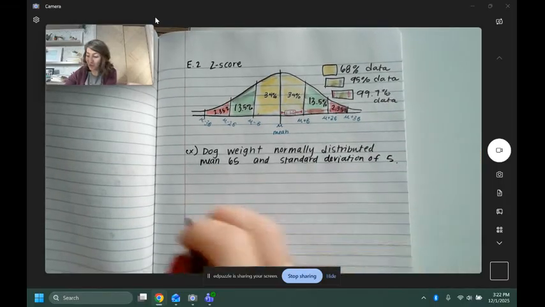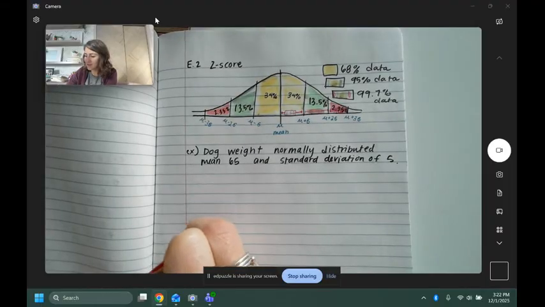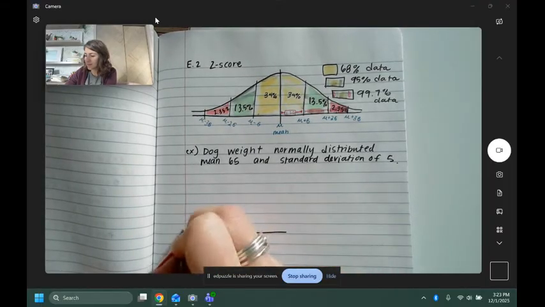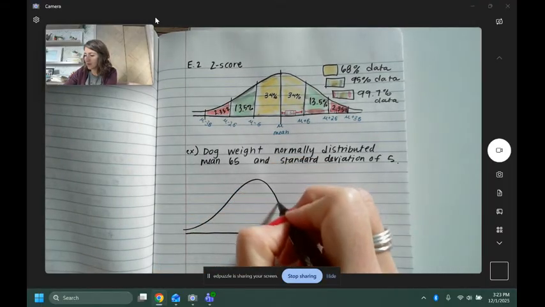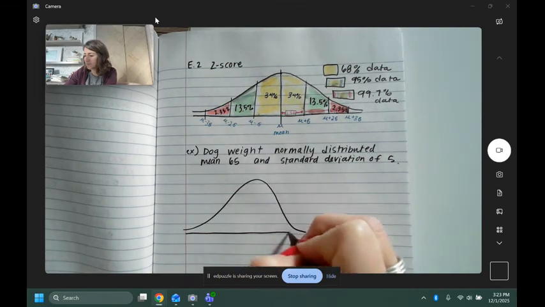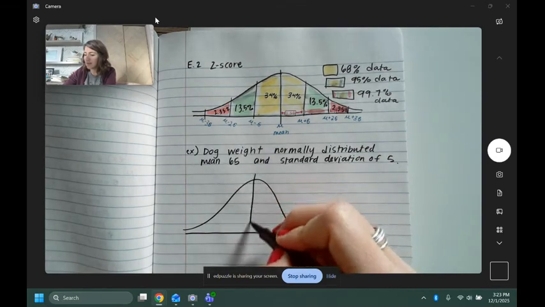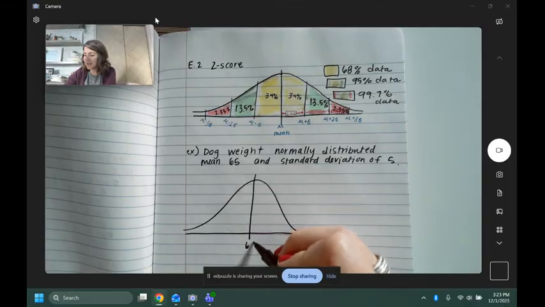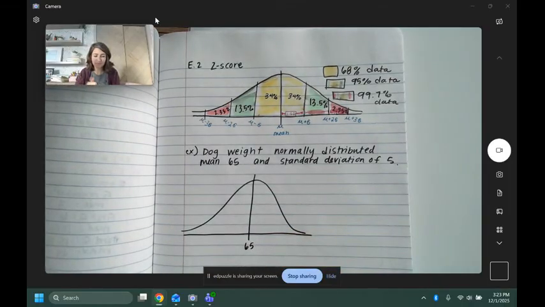Draw your normal curve, and then we're going to ask a bunch of questions about it. So here's my normal curve. Your middle line, your mean, is 65. And from there, my standard deviation is 5.